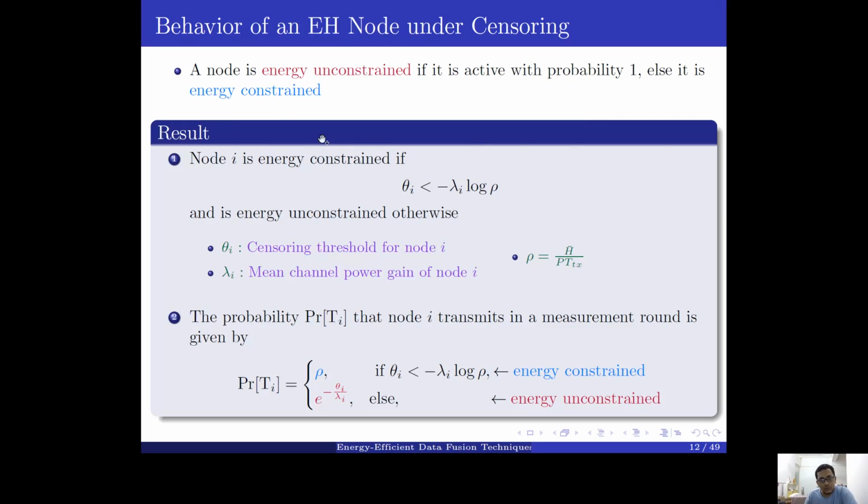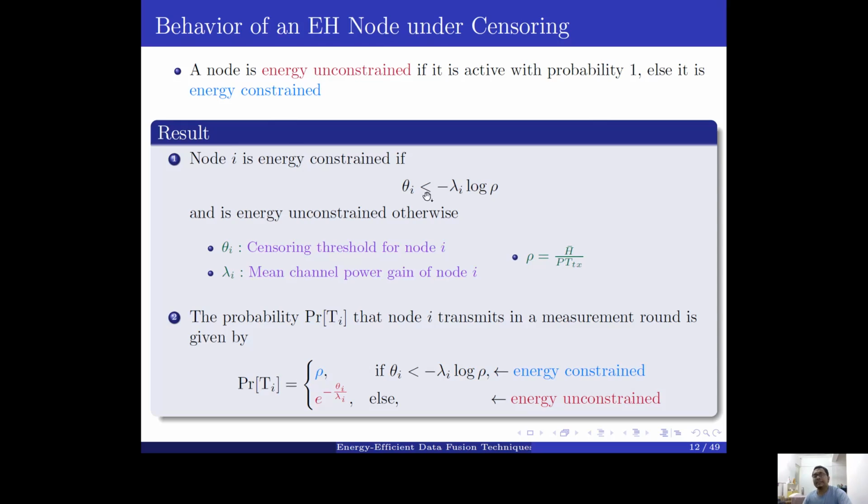Now we state two results here that characterize when a node is energy constrained and what is the probability that it will transmit. The first result characterizes the regimes in which the nodes are energy constrained and energy unconstrained.